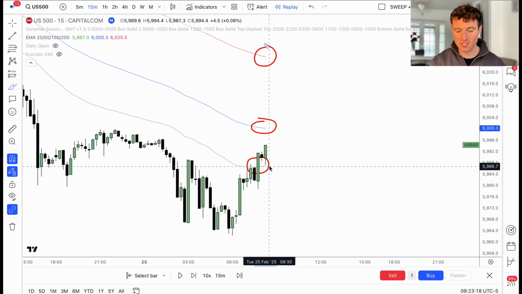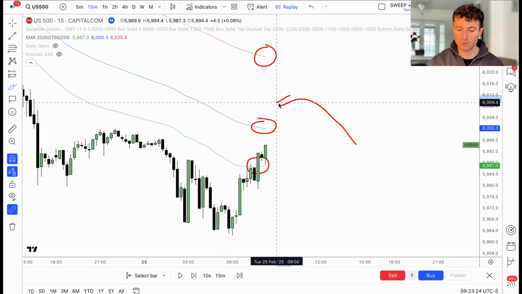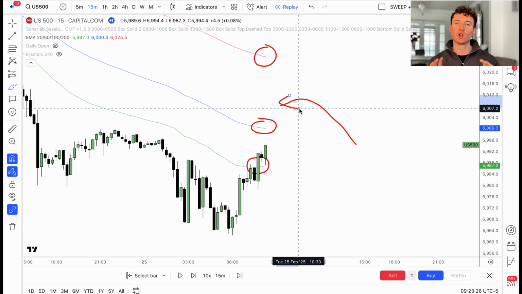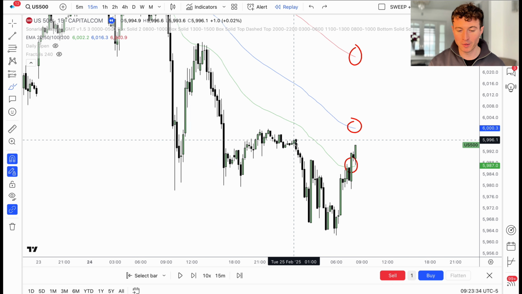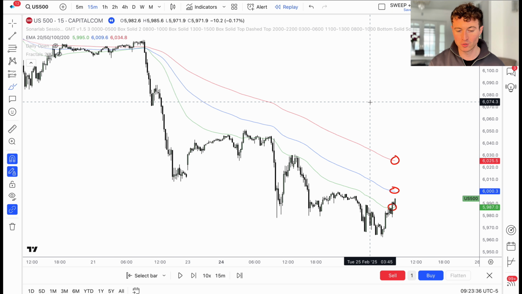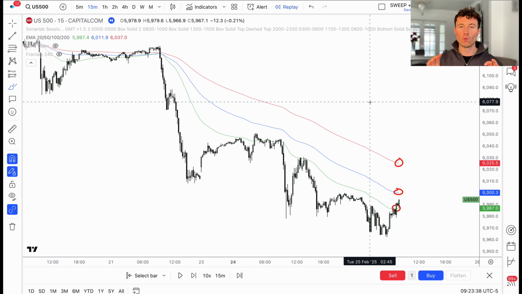If the 50 is less than the 100, which is less than the 200, like this example right here, this indicates that we are sell bias on this market. And all that simply means is that the momentum is to the downside if we just zoom out here, and therefore going with the trend makes a lot more sense.